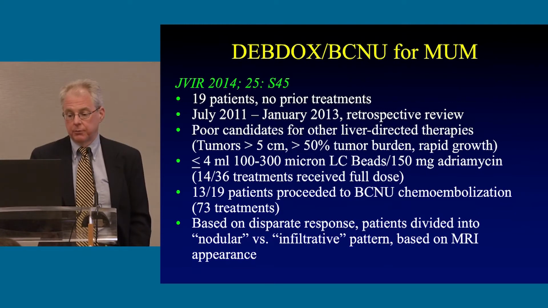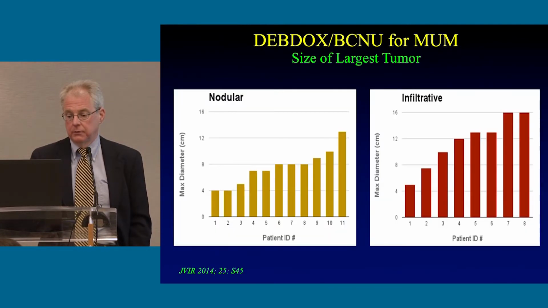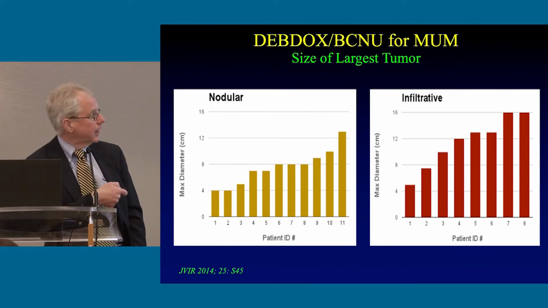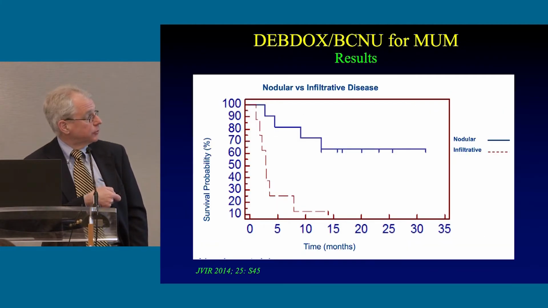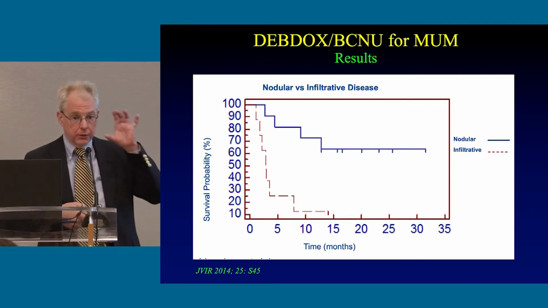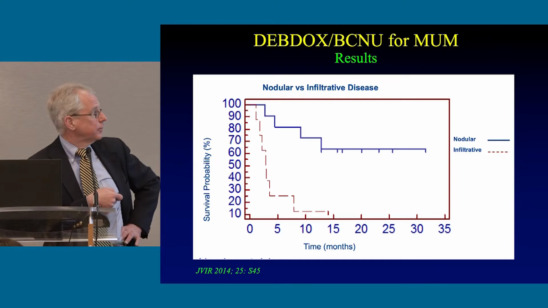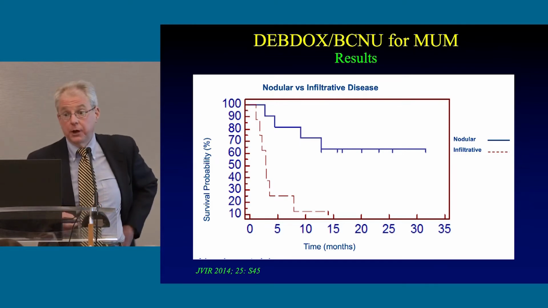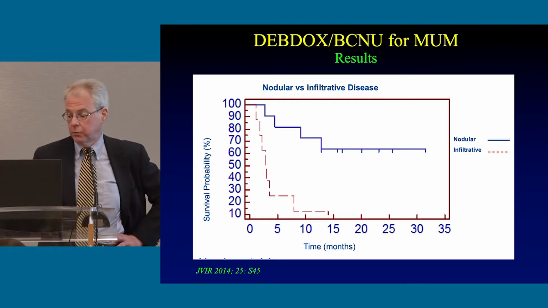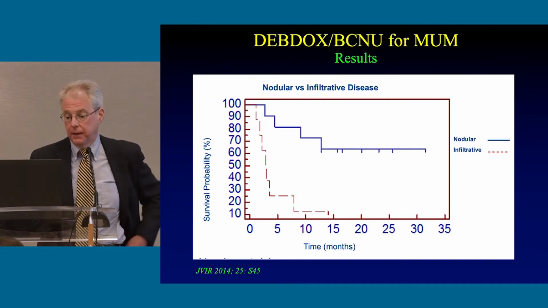And what we learned from this is, again, these patients all had big tumors, but this treatment works well for patients with discrete nodular tumors, distinct tumors in the liver. It did not help so much for patients whose tumors were of a more infiltrative nature.